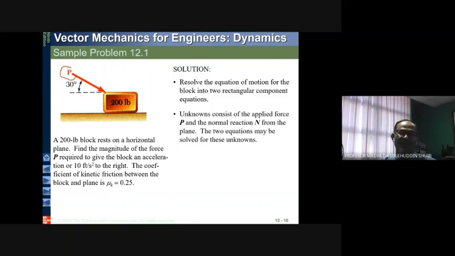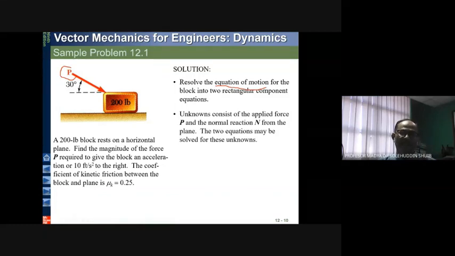So the most critical part here is the equation of motion. To my experience, for this chapter, the critical part is the student should be able to write the equation right.